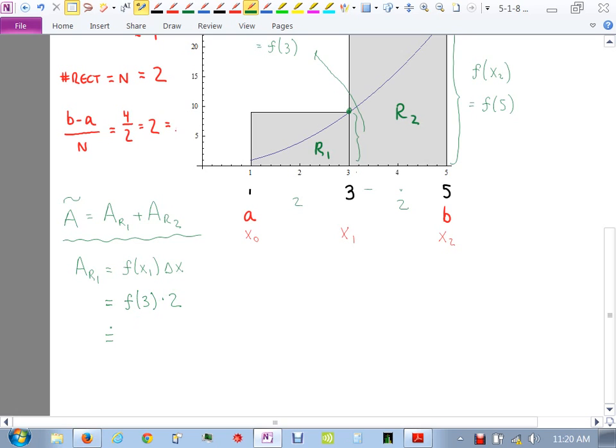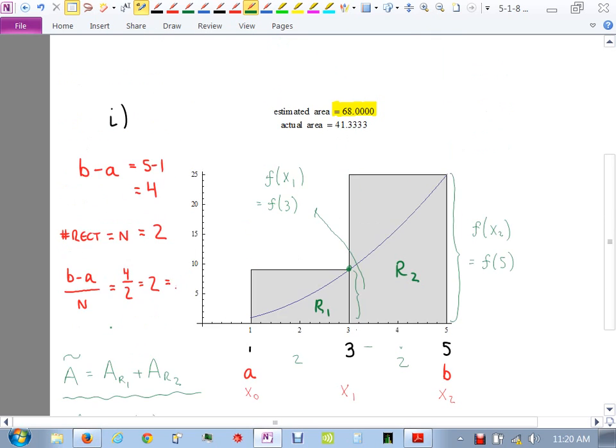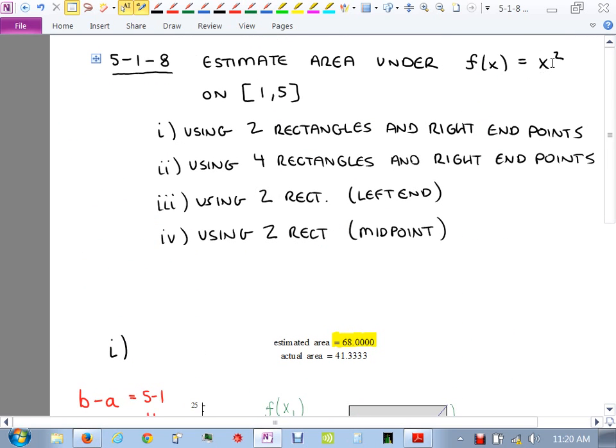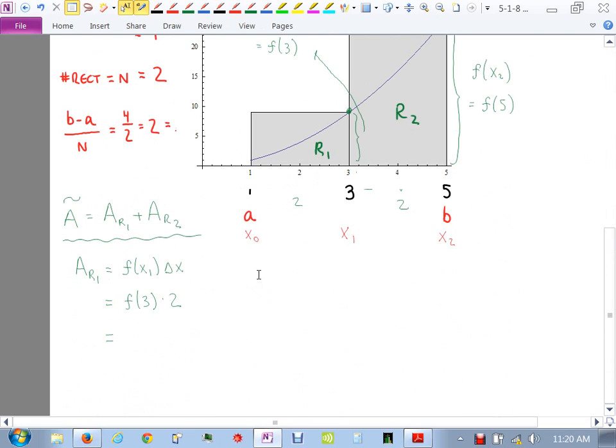Now what is f of 3? 9. Where are you getting 9 from? The function was given in the beginning of the problem. The function up here way at the top was x squared. So when I plug 3 into this function, I get 9 times 2, which is 18. So the area of that first rectangle is 18. Big deal. Like I said, we could have figured that out a long time ago.